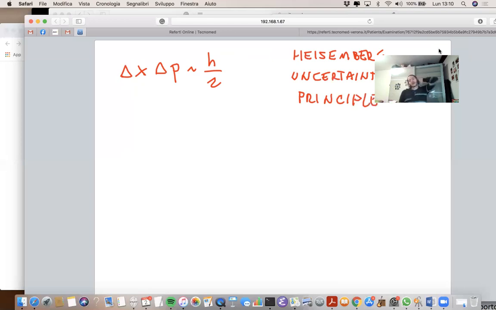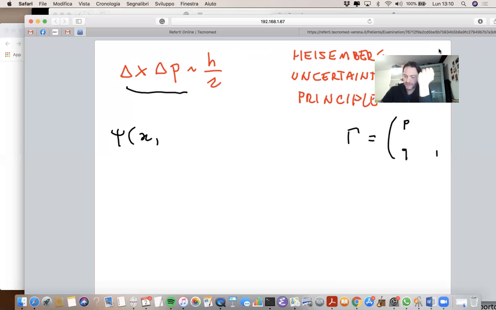Now, however, I want to emphasize, even though in classical mechanics, position and momentum are treated at equal weight, they are given equal importance. In fact, a state in classical mechanics is a collection of position and momentum coordinates.